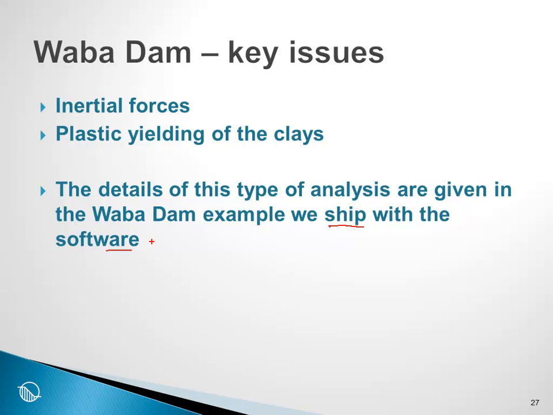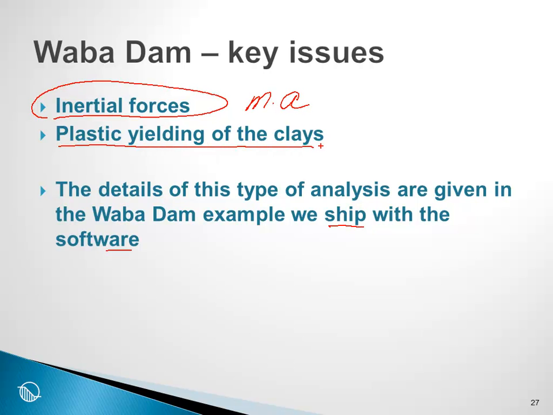But for this brief introductory discussion here, the key issues are, number one, inertial forces. It was the mass times the acceleration that caused the soil to be overstressed and caused there to be plastic yielding. And the second issue is that it is the plastic yielding of the soil.